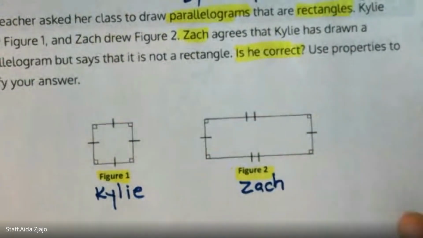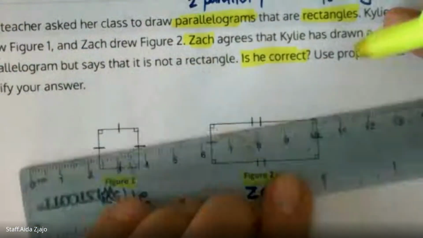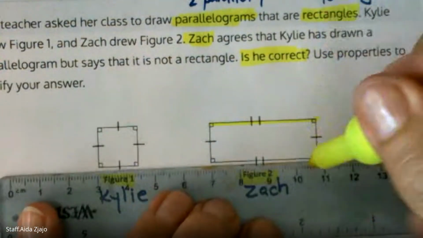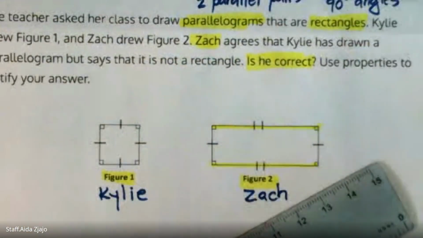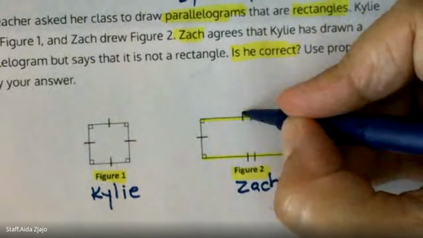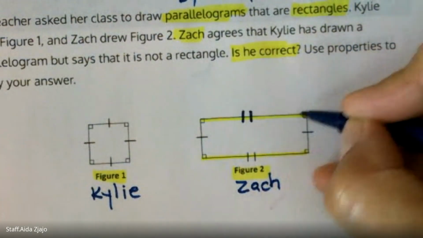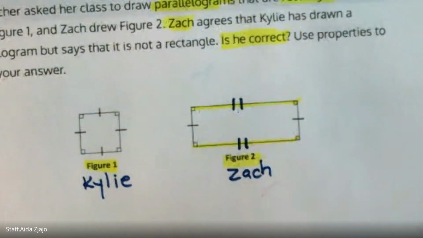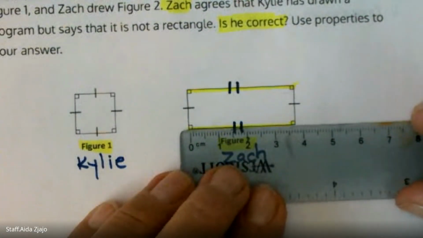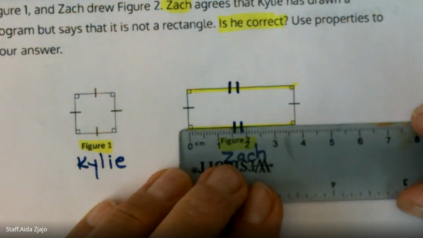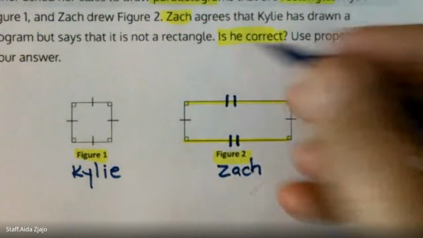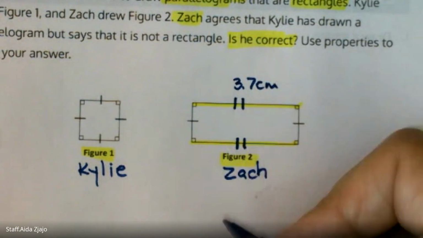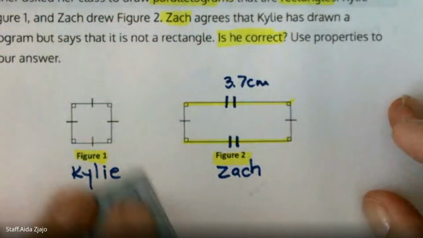When you see the line segment like this, so this and this, they are parallel. But when you see these lines, that means this is congruent to this. Congruent means the same. So if we measure, we can see this is about 3.7 centimeters, and then the bottom has to be 3.7 centimeters.